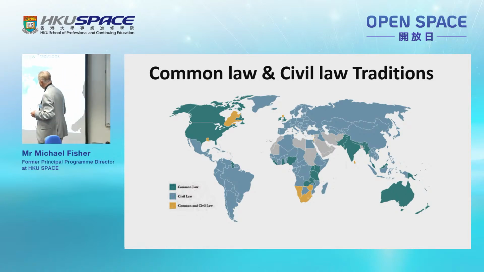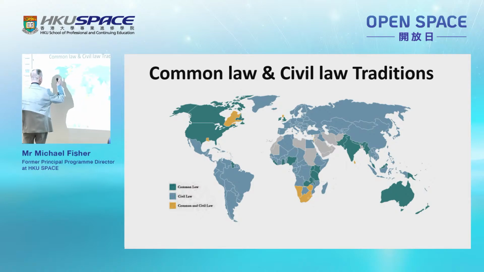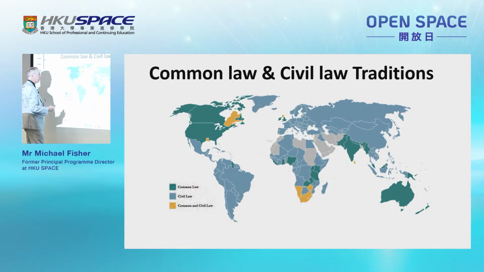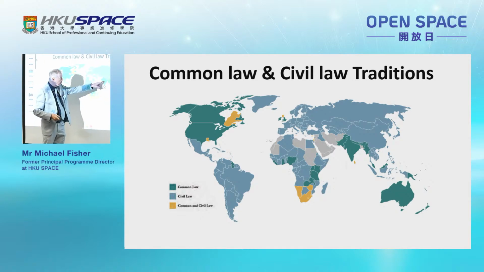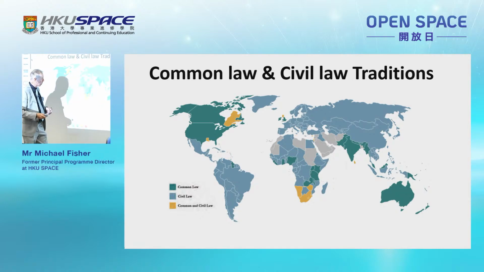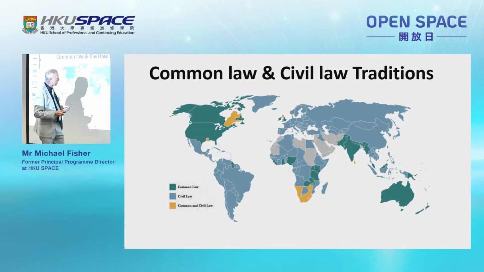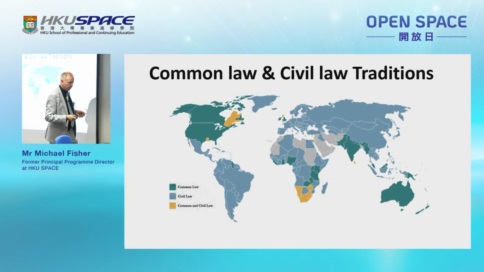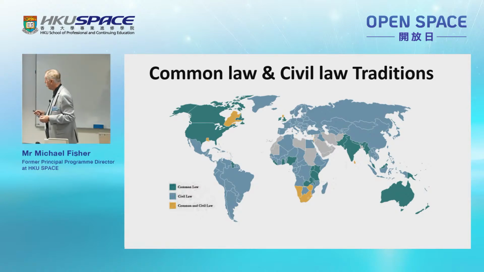Okay. North America, here we've got the US and Canada. Again, common law systems. India, once British, Pakistan, Bangladesh, all originally British, they've got common law, and so on.